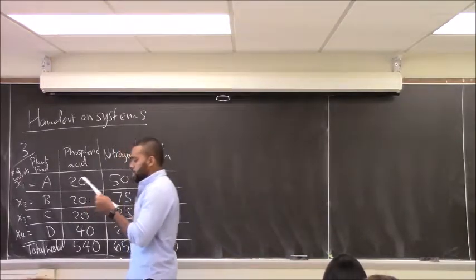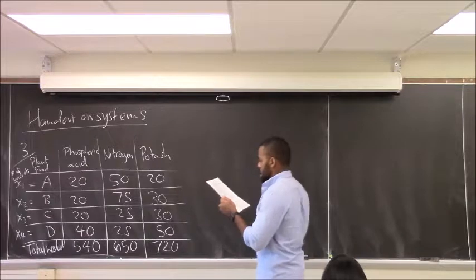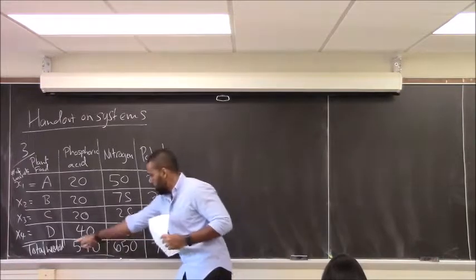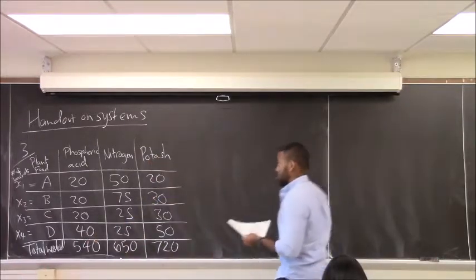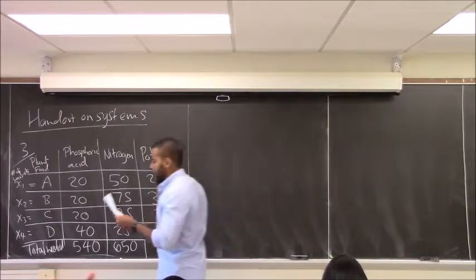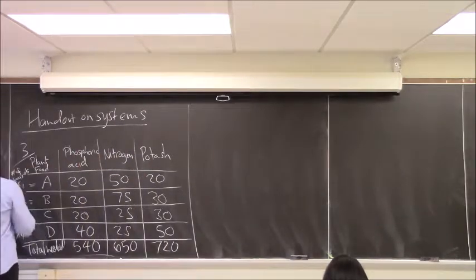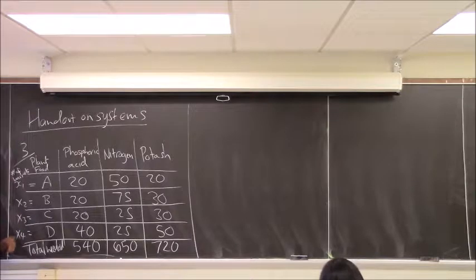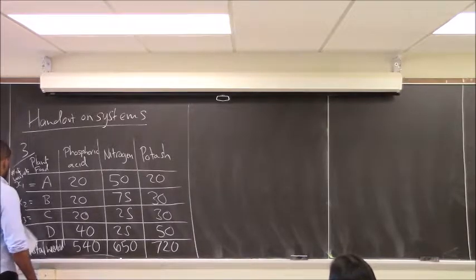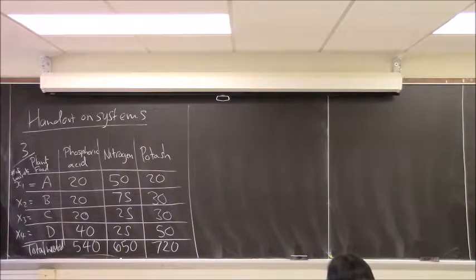How many barrels of each type of food should the farmer mix together to get this kind of nutrient composition? That's the question. And the number of barrels of A that he has to mix, the number of barrels of B, C, and D that he has to mix, we call these X1, X2, X3, X4 in total.